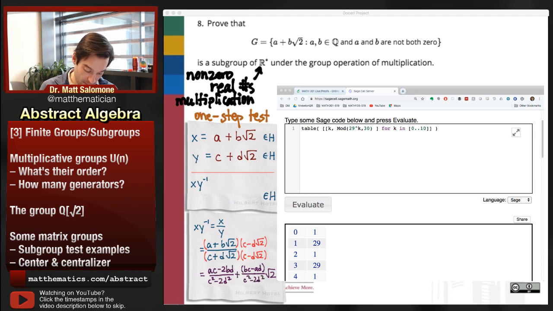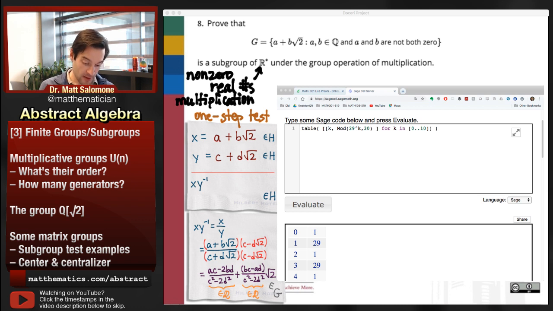Because A, B, C, and D are all rational numbers, this first thing here is all rational. And this second thing here is also all rational, because that combination of A, B, C, and D is a rational number. And therefore, this has the form rational number plus rational number times radical 2. Therefore, this belongs to G. Cool. That's exactly the observation that we needed.